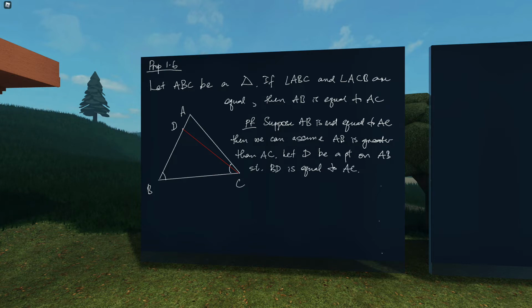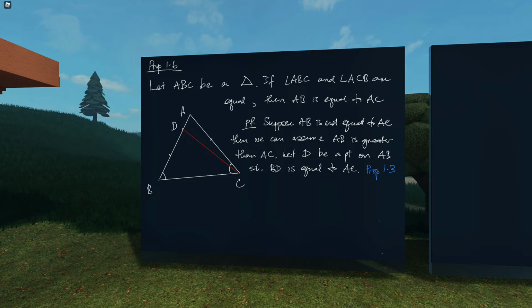We know we can do this from proposition 1.3, which allows us to cut off from a point along a line any given length. So BD is equal to AC, so let me just mark that. These two are equal. Now we're going to use postulate 1 to draw a line from D to C. I'm not going to write that in, I'm just going to mark it in the diagram.